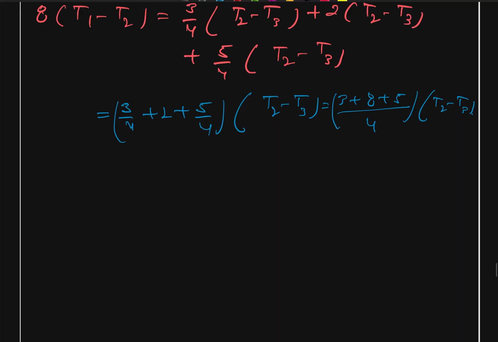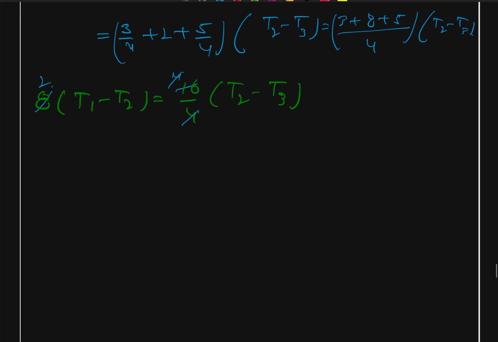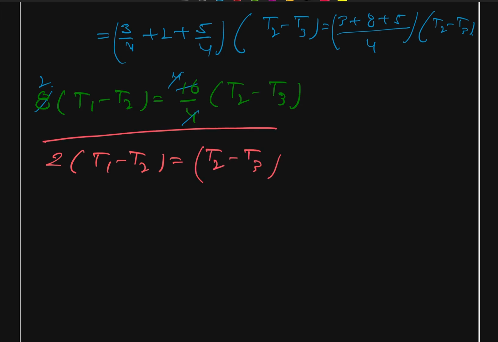Okay, so we can write this as 8 T1 minus T2 is equal to 16 by 4 T2 minus T3, and 4 goes by 2. So we are left with only now 2 T1 minus T2 is equal to T2 minus T3. Let us call this equation number 7.